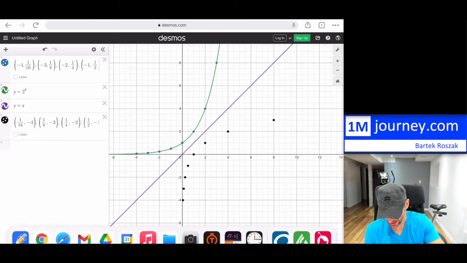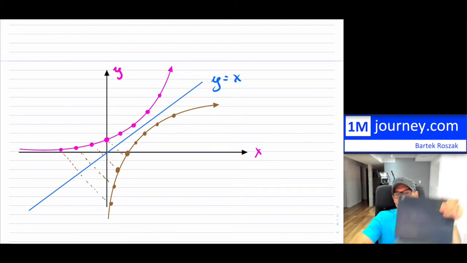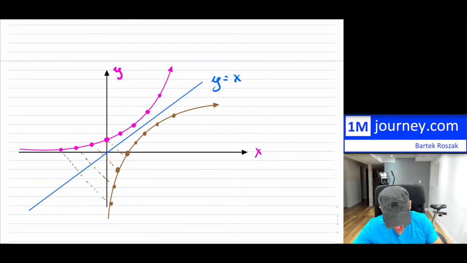Now, I'm going to go back here, and this inverse that we have, which basically all it does is take in a number as an input.